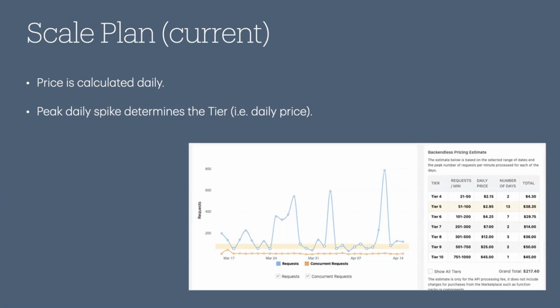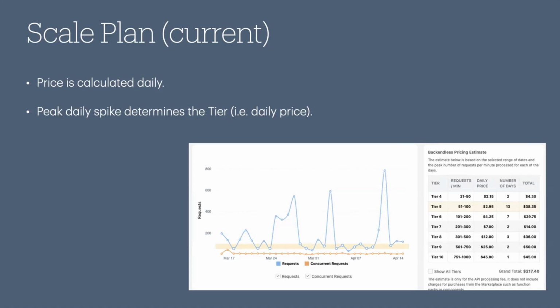Since we've been monitoring the system to see how apps are using it, one of the most important things that we wanted to bring out with the scale plan is the fact that performance is important, because a lot of developers were just neglecting performance because it didn't really matter. So performance now is important, and we see a lot of people paying attention to how chatty their applications are, how API calls are being used, and then optimizations are taking place, which is fantastic.